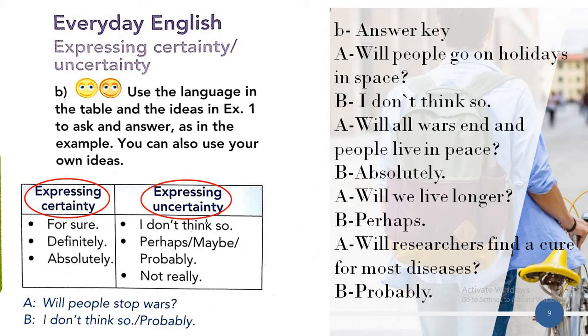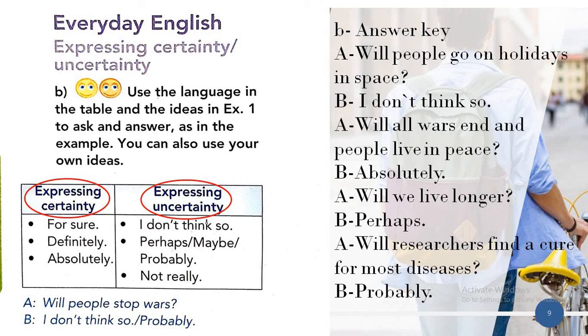A: Will we live longer? B: Perhaps, or probably, or not really. You can use one of the expressions. A: Will researchers find a cure for most diseases? B: Probably, or you can use for sure, or definitely, or perhaps. The answer depends on your way of thinking.